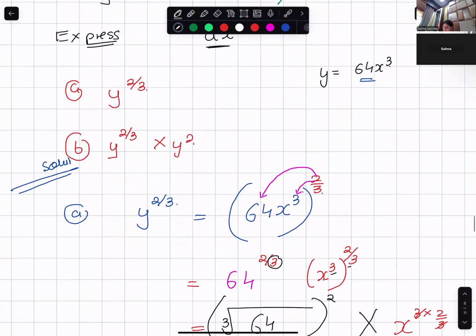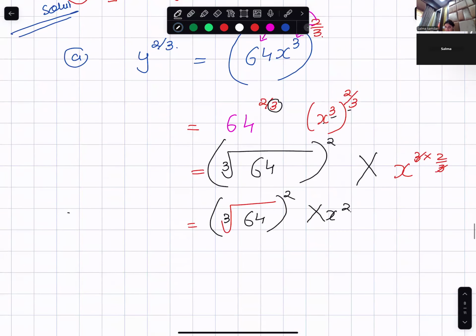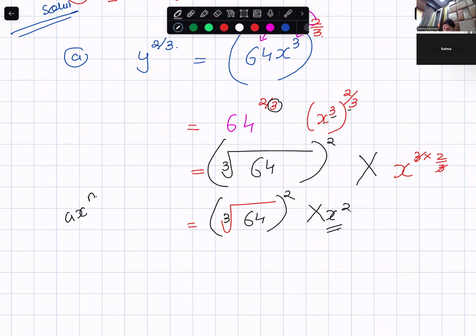I have to express it in the form of ax raised to n. I have got the x raised to n. Now I need to simplify this. Cube root of 64 is 4.